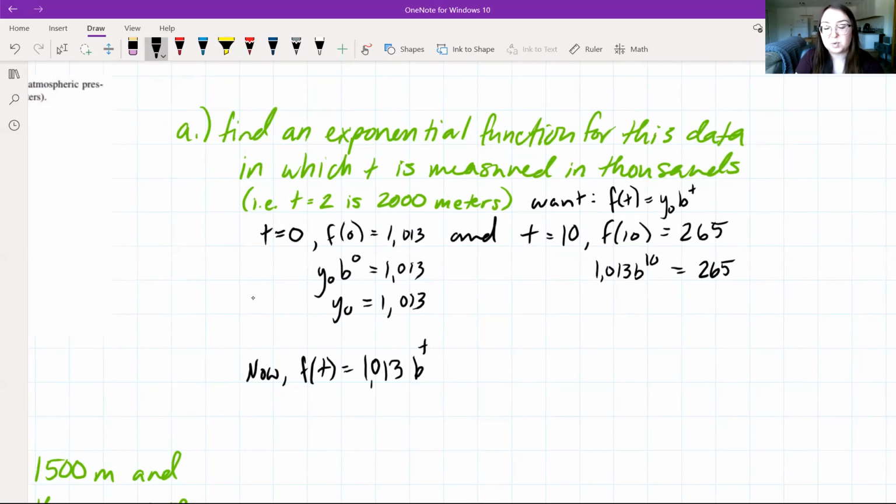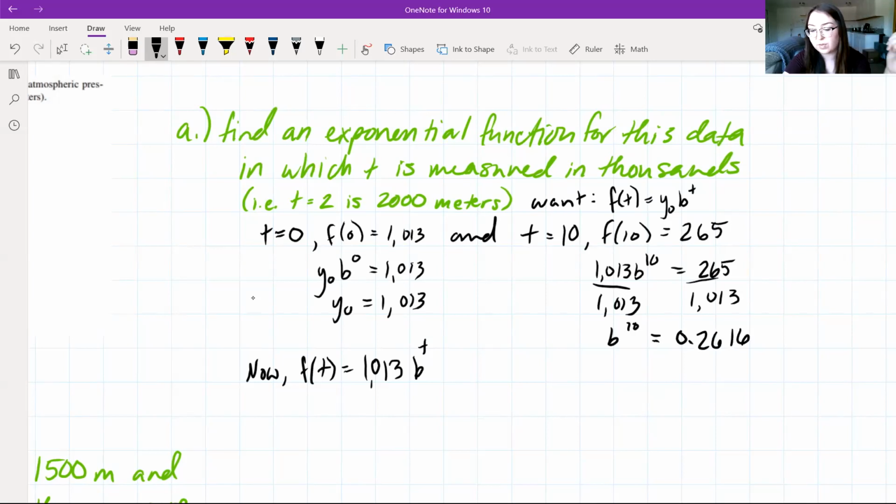And we want to isolate b and simplify it as much as possible, so we're going to divide by 1,013 on both sides here. And we're going to get b to the 10th power is equal to 0.2616. That would be 265 divided by 1,013.